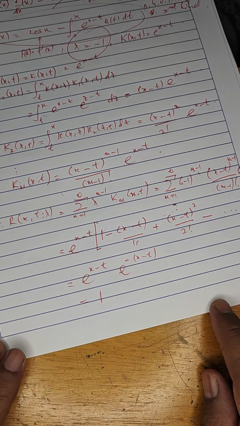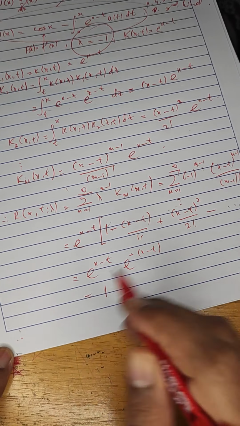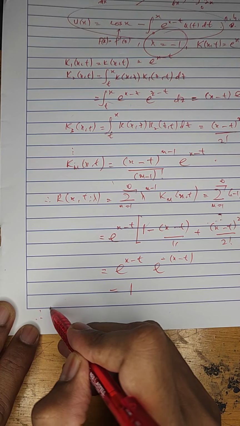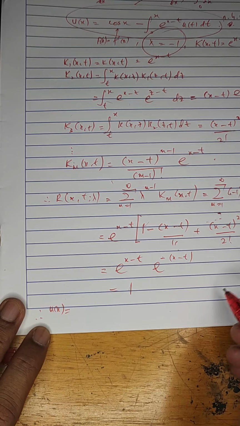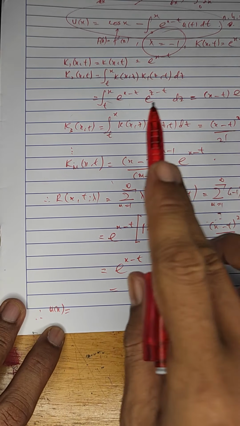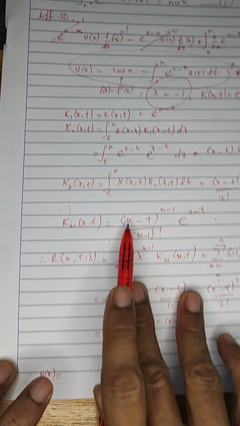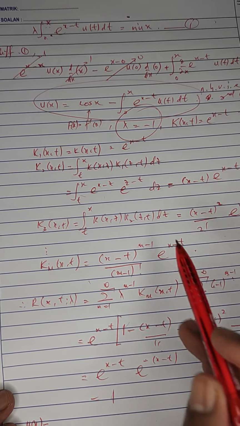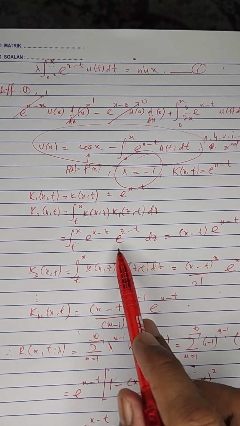Therefore our solution is given as u(x) equals f(x) plus the general solution. I wrote the general solution somewhere, where is it?